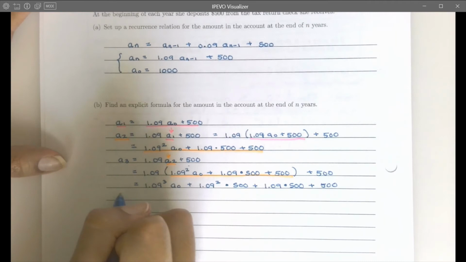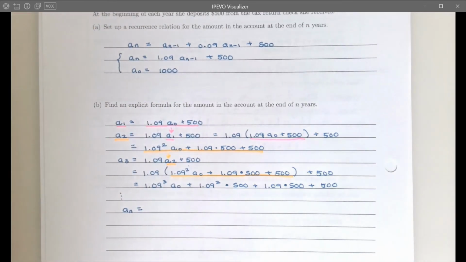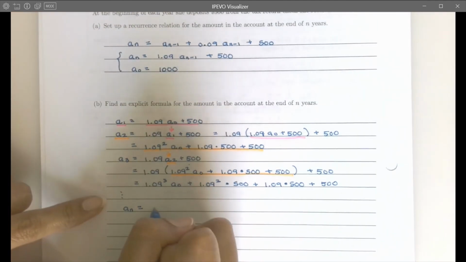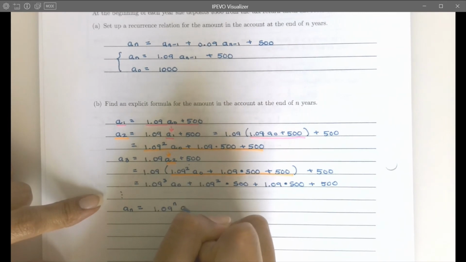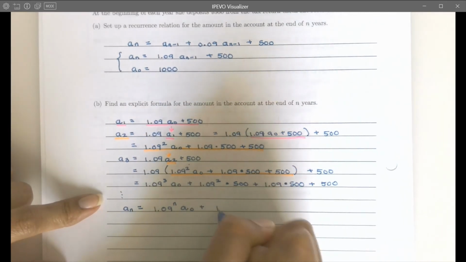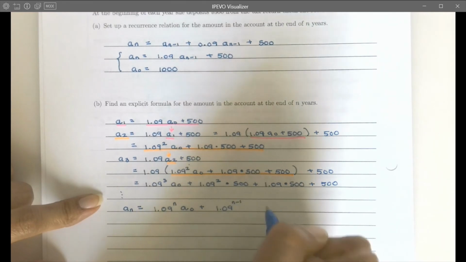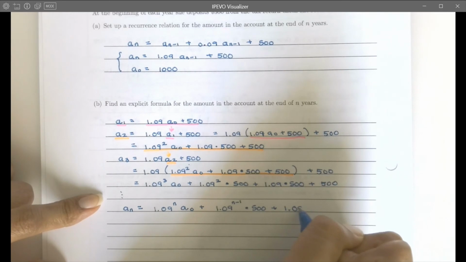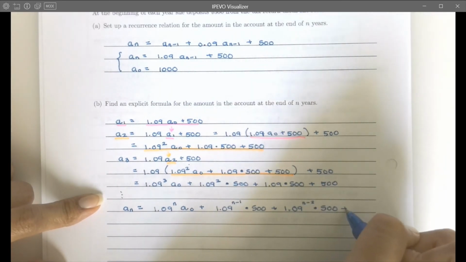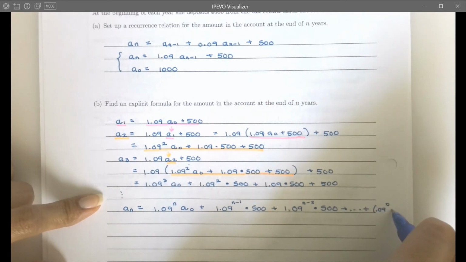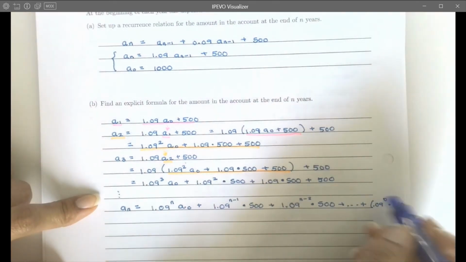Okay, so if we had to take a guess as to what's going to happen at the nth step, it looks like we're having 1.09 to the n times A0 plus 1.09 to the n minus 1 times 500 plus 1.09 to the n minus 2 times 500 plus all the way down to 1.09 to the 0 times 500.